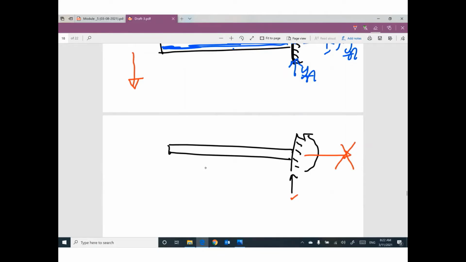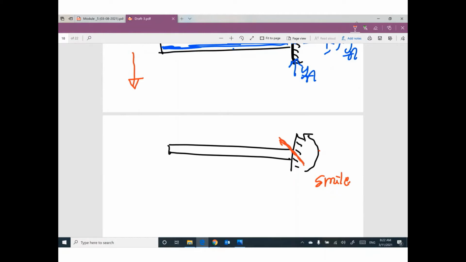If you would like to draw influence line for moment, this moment, which is assumed to make this beam or this cantilever smile, will rotate this fixed in the same direction, which is counterclockwise.